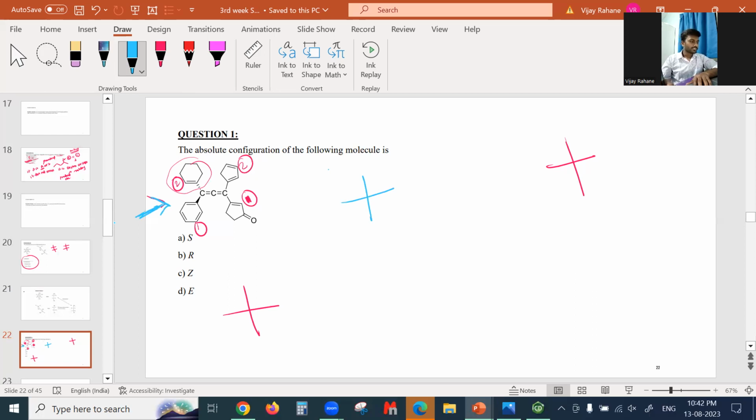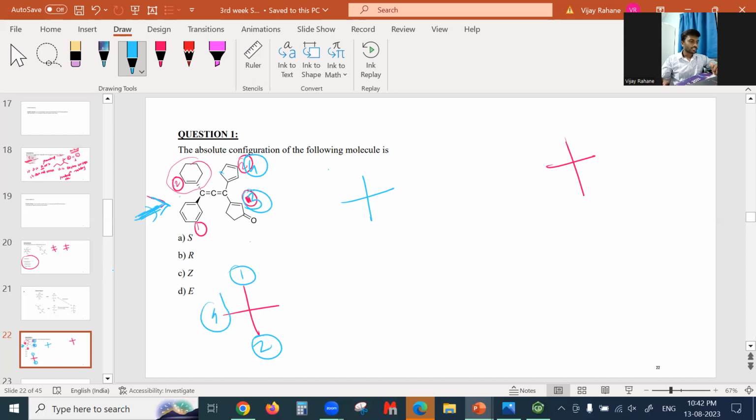If I look from this side, the 1 and 2 will be to this, and 3 and 4 to these carbon atoms, these groups. I can see the 1 will be on the top. This 2 is on the lower side, attached to the dotted line. Here, looking from this side, this is on the left-hand side and this is on the right-hand side.